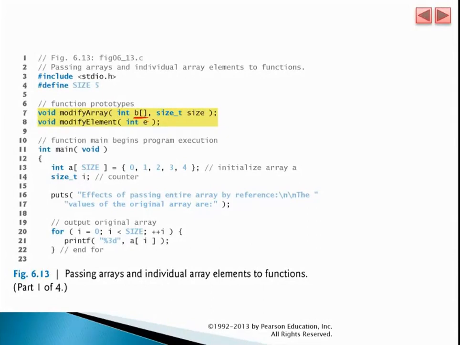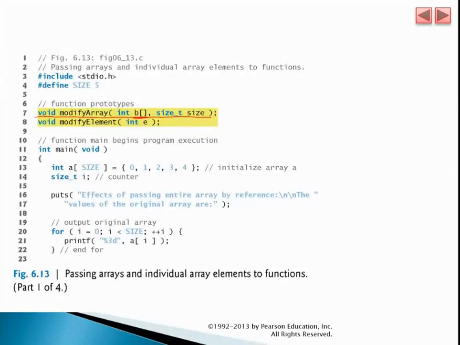You will see that once the function is called, it actually changed the value of the original array as well. This will show you that this is passed by reference, not passed by value. For now we will just see this first function. In the second round we will see the second function, modifying the element. For now we will just see modifyArray.